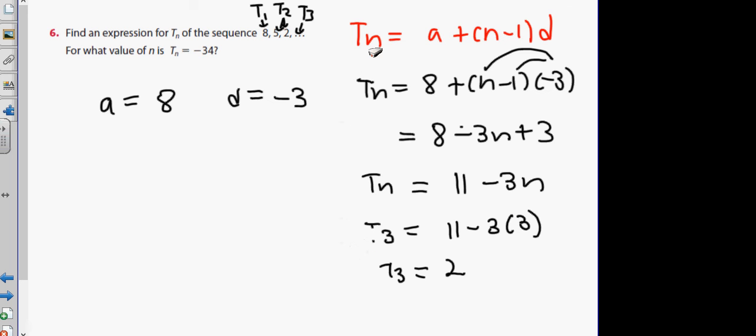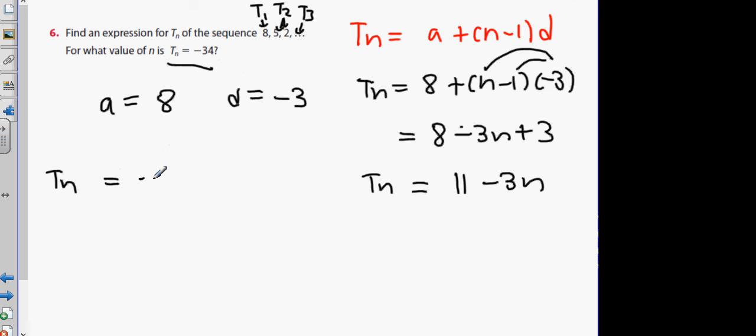What does the question want to happen? It wants Tn to be minus 34. So you say Tn must be minus 34. What's the formula for Tn? 11 minus 3n. 11 minus 3n must be minus 34.